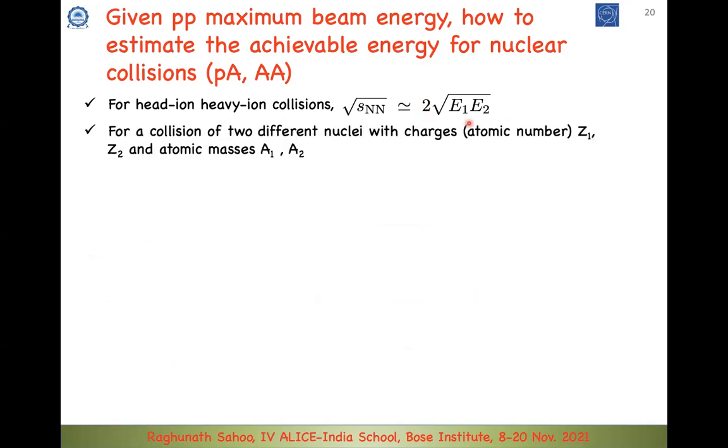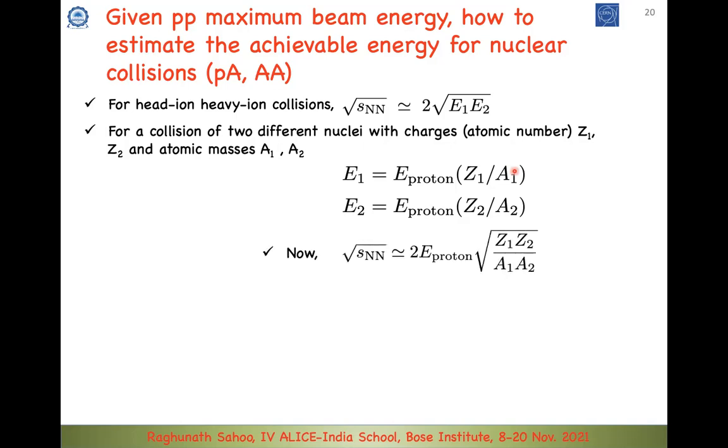For a collision of two different nuclei with atomic numbers Z1 and Z2 and atomic masses A1 and A2, E1 can be written as E_proton multiplied by Z1 by A1, and E2 as E_proton Z2 by A2, because I am multiplying E_proton with Z1 for the heavy ion, divided by A1, since A1 takes care of Z1 plus N1, the protons and neutrons.